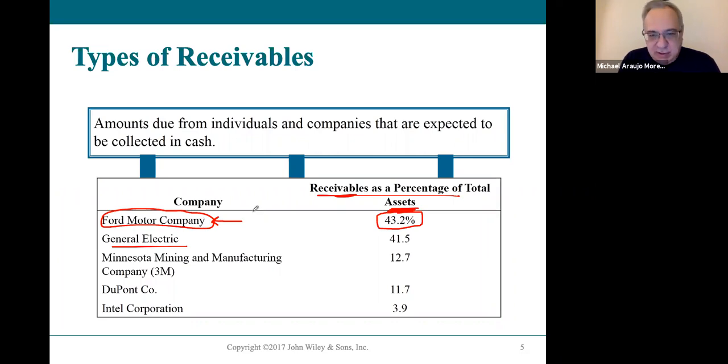The distributor then turns around and sells the cars and trucks and SUVs to the individual dealers that you and I might visit to buy a new car. And of course, those dealers don't usually pay cash for those cars either. So they'll also owe the distributor quite an amount of money in receivables, which again, the distributor owes Ford Motor Company, the manufacturer. So that's just the way this particular industry is structured, and it explains why they have such a large part of their assets in receivables.